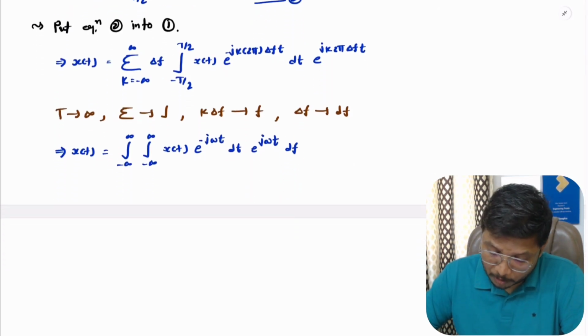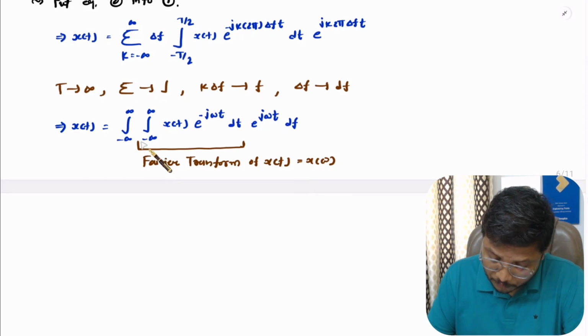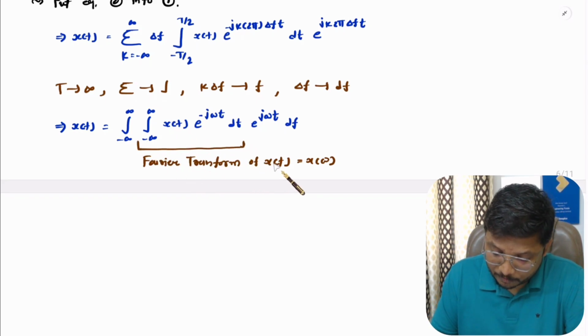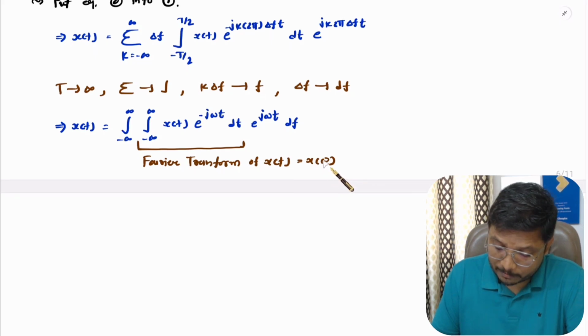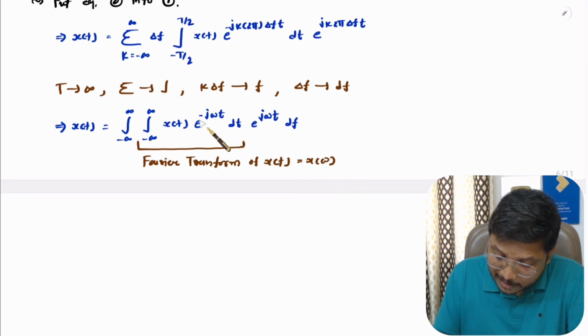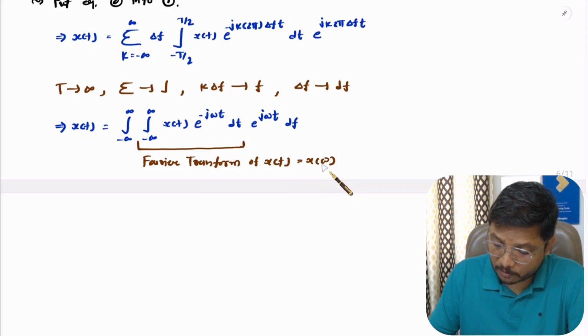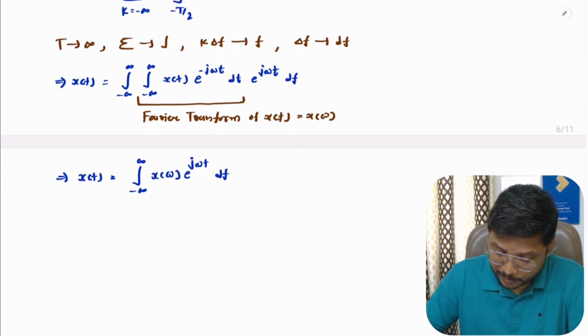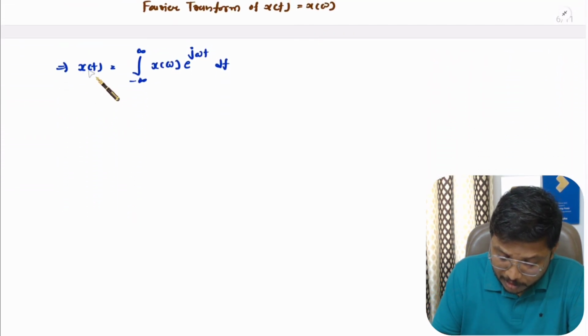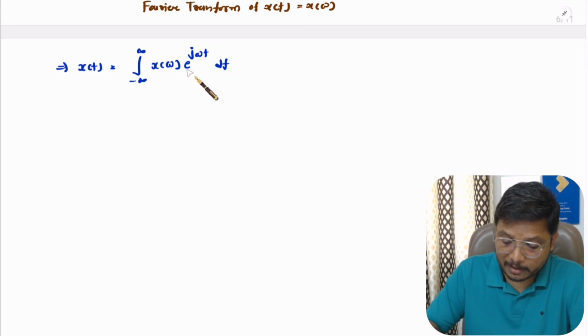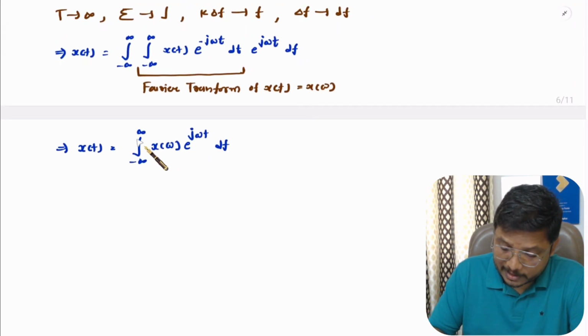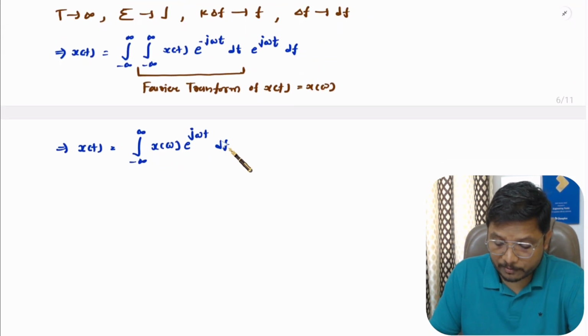Now, if you carefully observe this much term, that is the Fourier transform of x of t, and that is X of omega, right? So instead of this much integration, I can replace it by X of omega. So here we have x of t in the form of X of omega, right? And here this integration is happening with respect to df.